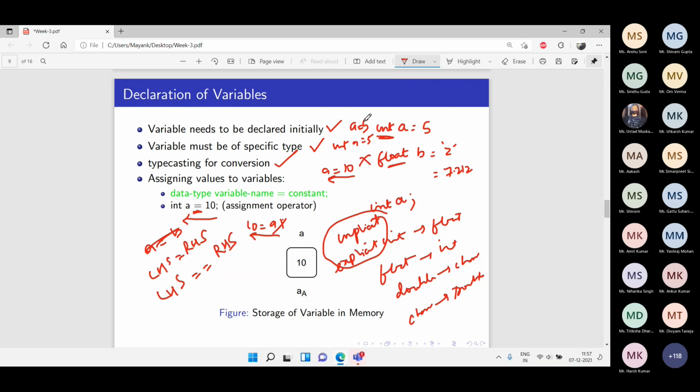One example, just to clear your curiosity, is macros. We'll study macros in the second last class. Those macros are identifiers but not variables. So we can say identifier is a superset, and variable is a subset.